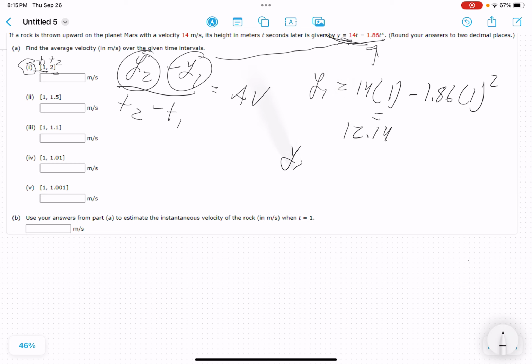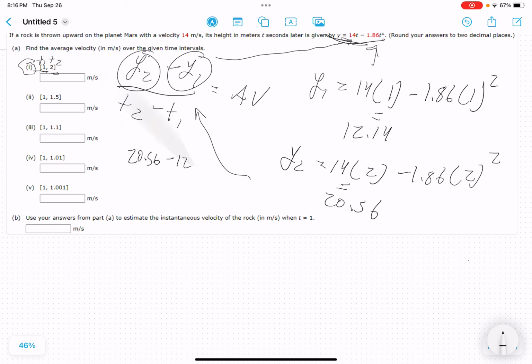And then for y2, you should get 14 multiplied by 2 minus 1.86 times 2 squared. Let me just do that one real quick. That should get you 20.56.